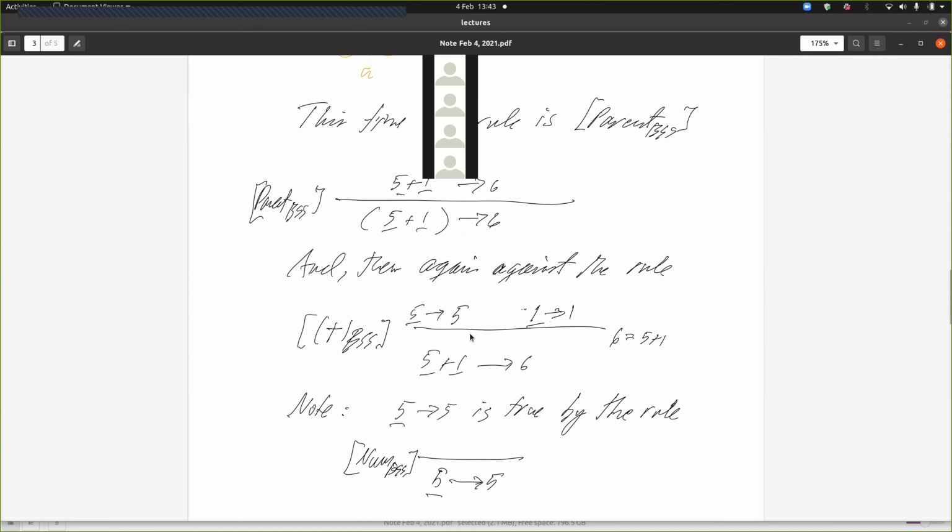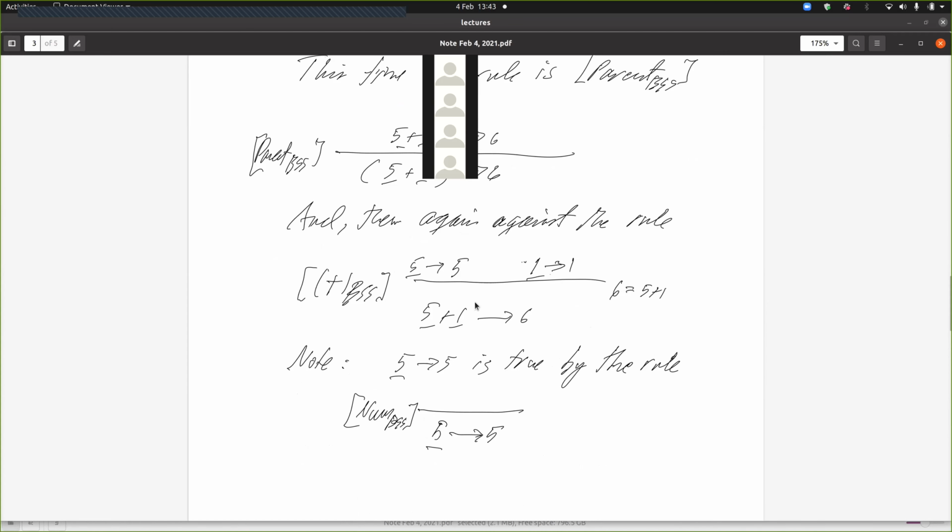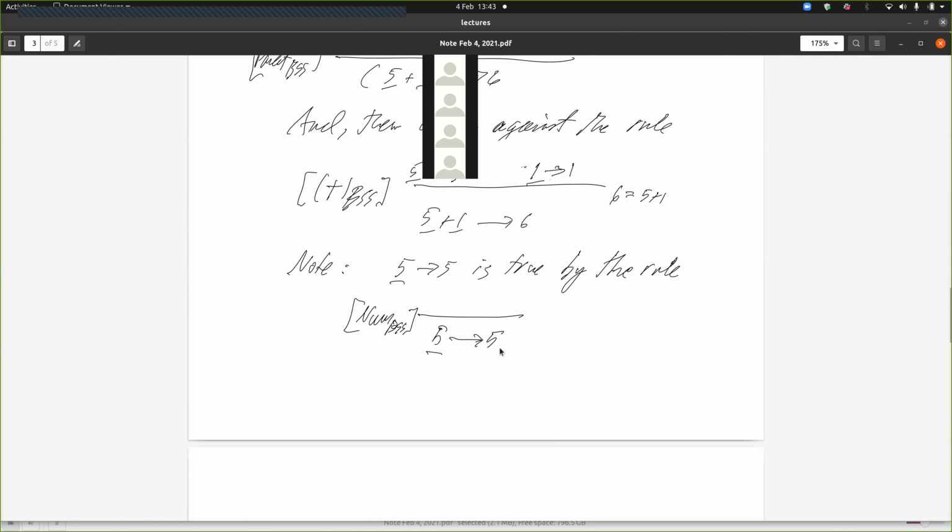Then whatever this evaluates to plus whatever this evaluates to is equal to that. So this is verified. We might write lines over the tops of these because we do have a rule, the num BSS rule, that says the numeral 5 goes to 5.